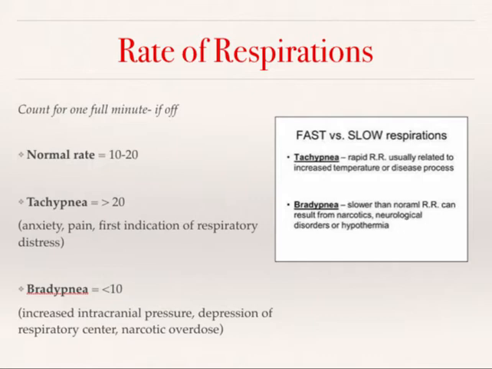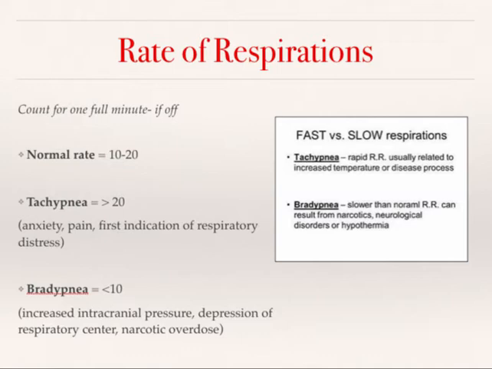We call it tachypnea any time the respiratory rate is over 20. This can happen with anxiety, pain, or it can be your first indication of respiratory distress. So you really have to put it in the context of what your patient is presenting with. Like I said, tachypnea is your rapid respiratory rate. It sometimes can be related to a temperature or an underlying disease process.